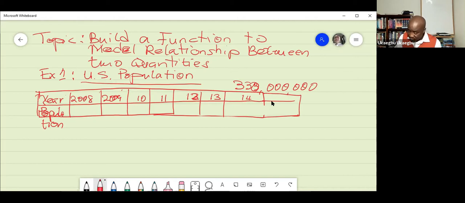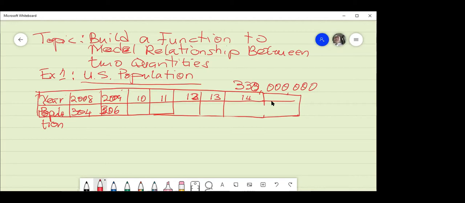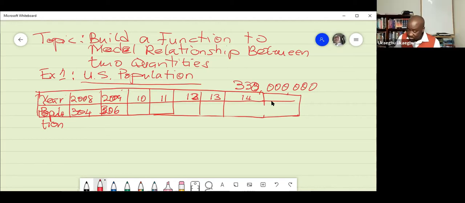So the population: in 2008 we had 304 million people. In 2009, we have 306 million. All the numbers I'm writing below are in millions. Then we have 309, 311, 314, 316, 318, and probably 321.